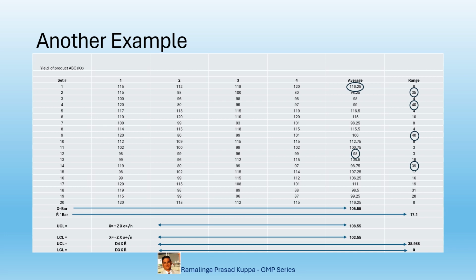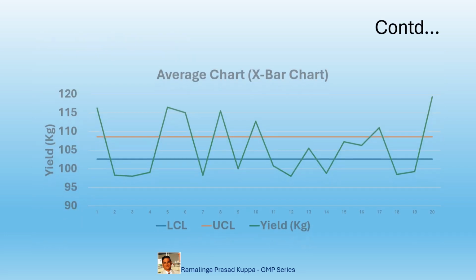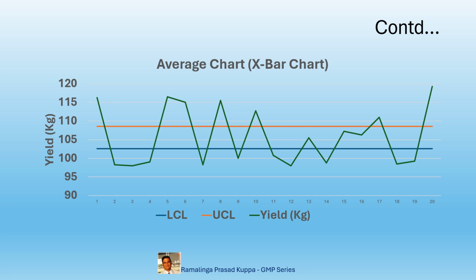Let us see how this reflects on your X bar chart and R chart. See this chart. If the average variation is more, the spread over the central line is less. Closer to 50% of values are on either side of the UCL and LCL.